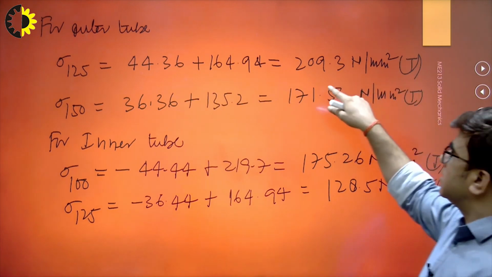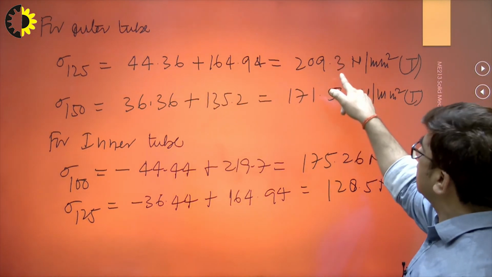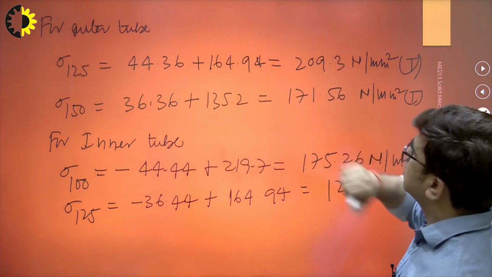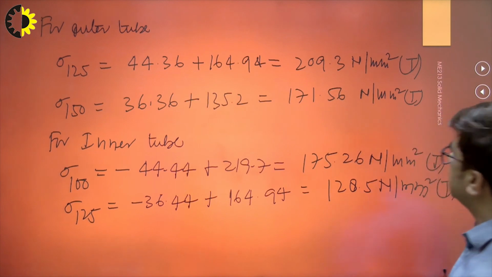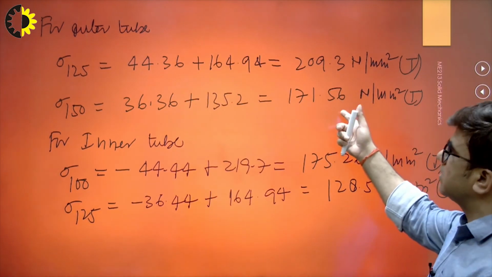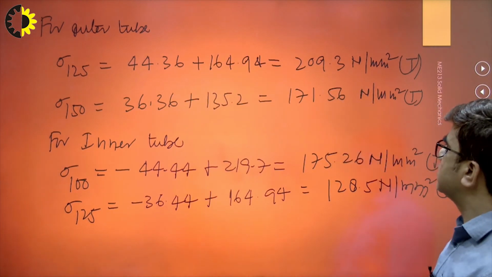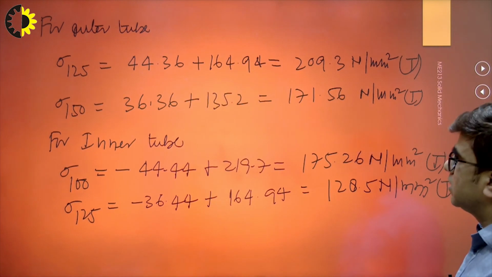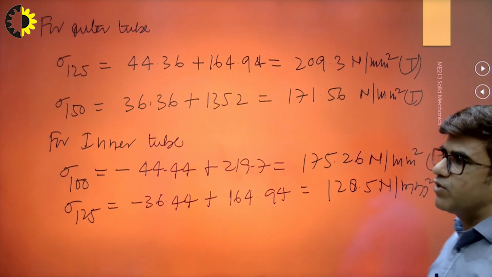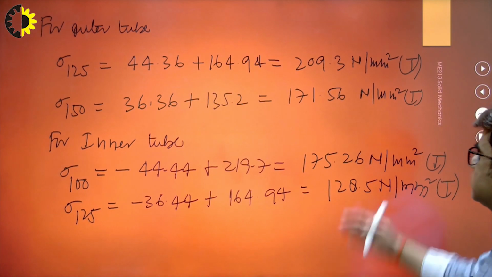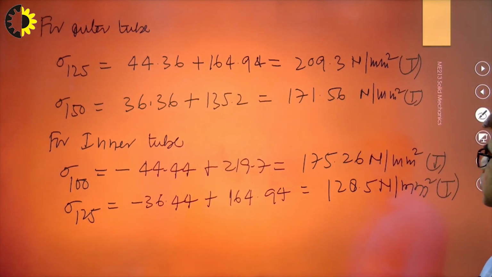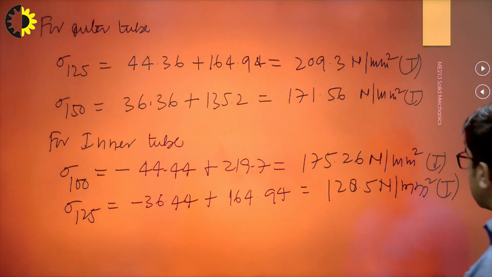At the junction for the outer tube, it is 209.3, and at the outer radius for the outer tube, it is 171.56. So I can plot this variation as well because the values are known to us. This variation is parabolic.